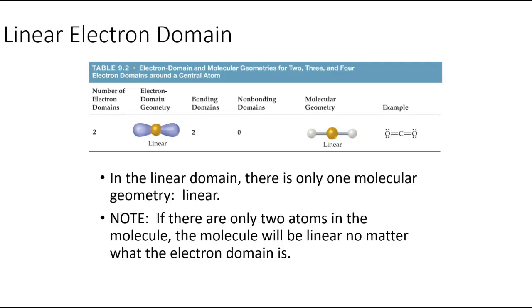And finally, you can have linear, in which you're going to have two bonding domains and no non-bonding domains, and carbon dioxide is going to be the best example of that. And then, of course, any diatomic molecule like HCl or H2 or O2 is by definition going to have a linear geometry because there are only two atoms in it.